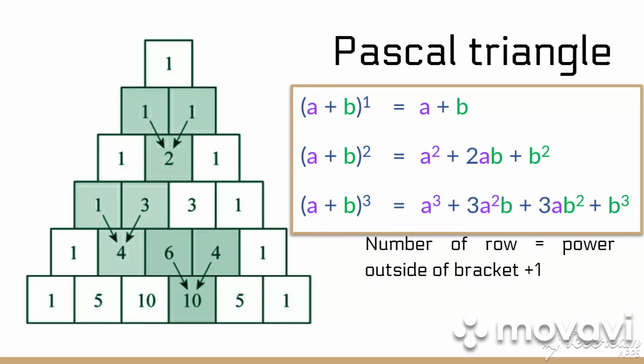So you can see it yourself, and if you want to know the coefficients when opening the brackets, you can use the Pascal triangle to know which coefficients you need to write when opening the brackets.